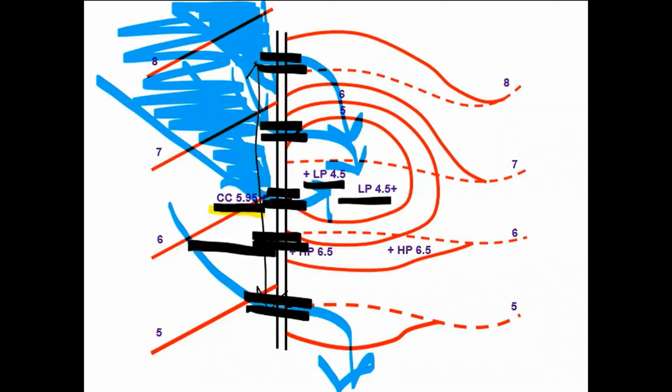So whatever this elevation is running this direction, let's say that's a 5.5, then we'd have a problem because we could not get the water to run back into the system because our high point is at 6.5 and the elevation out here is higher than that.